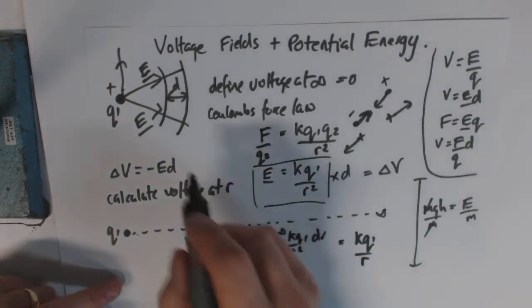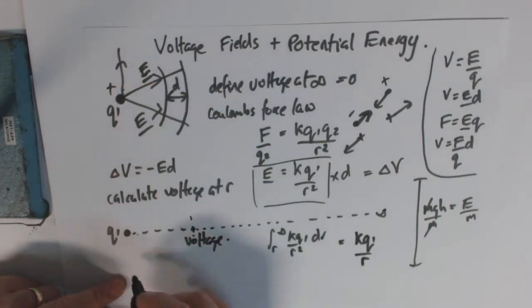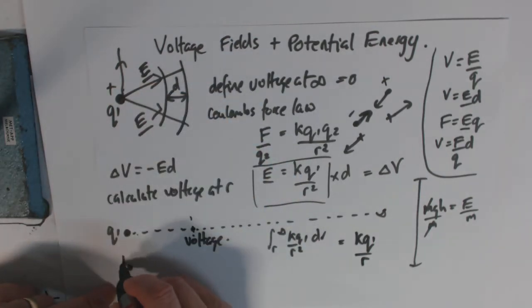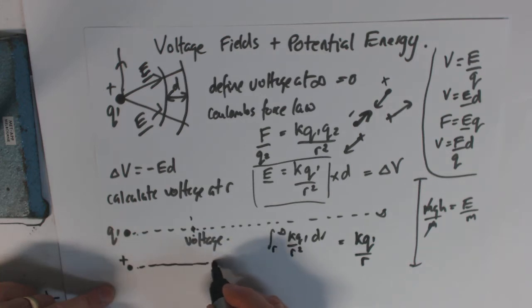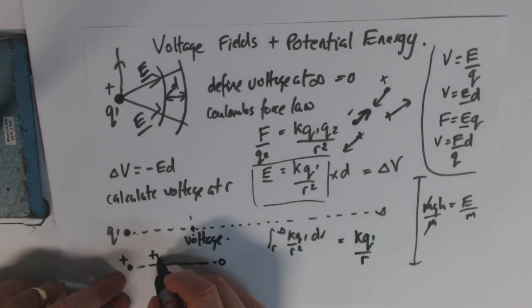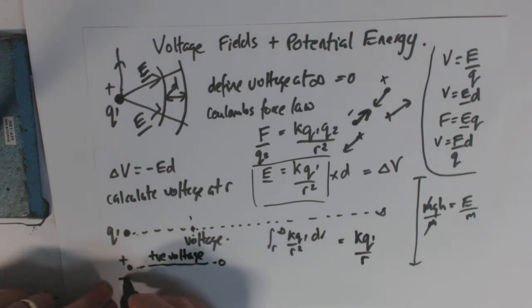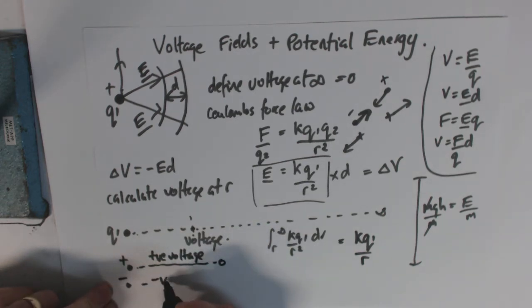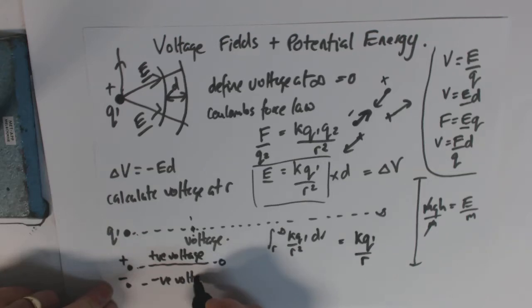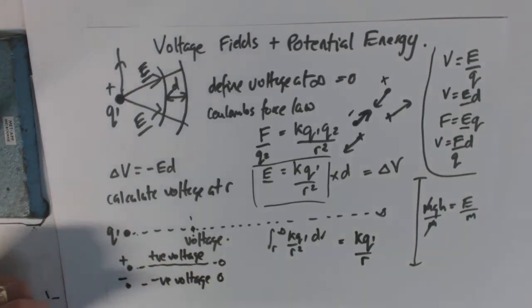So from a positive charge, all the voltages out to zero are positive voltages. It's all exactly the same for a negative charge, except they're all negative voltages, all going out to zero as we get to infinity.